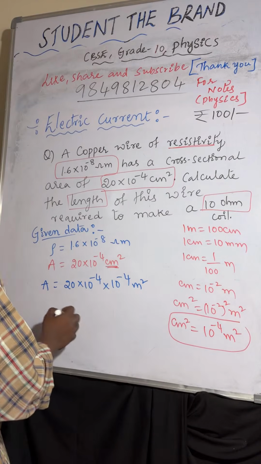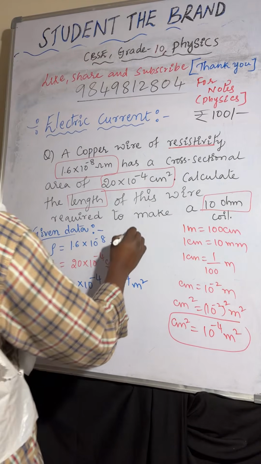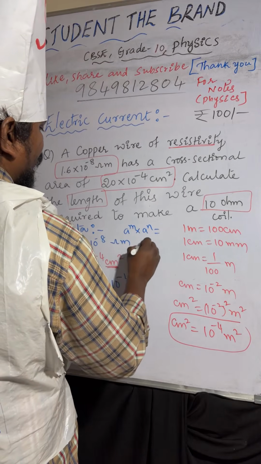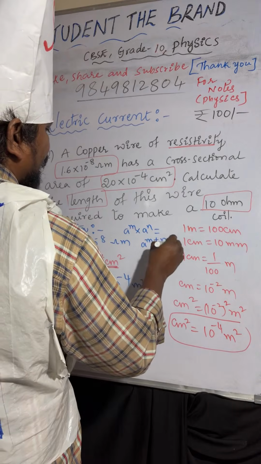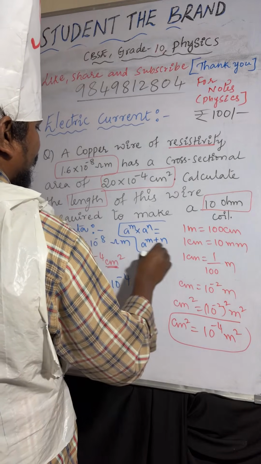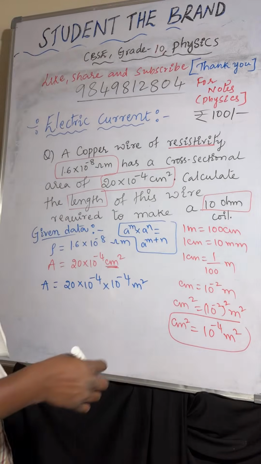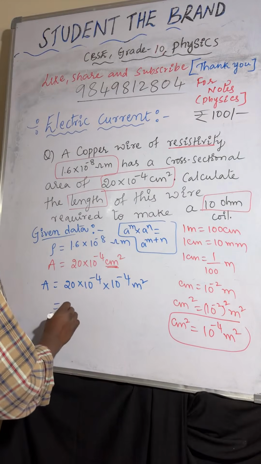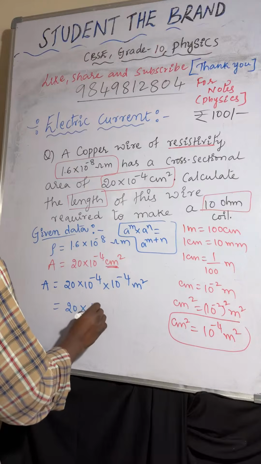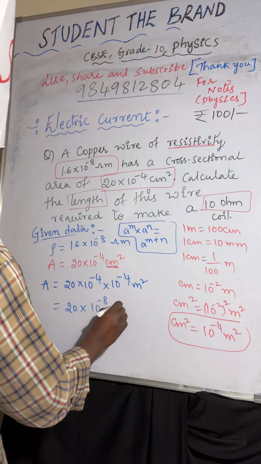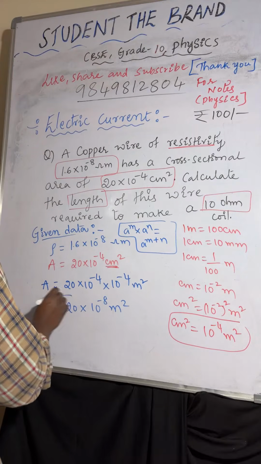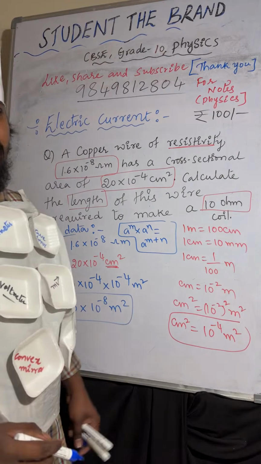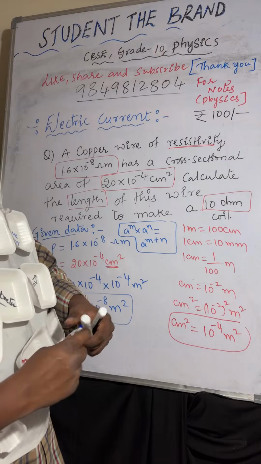If bases are same, you have to add the powers. So we are adding all those things. Now you can take 20 into 10 power minus 8 meter square, that is area of the cross section. I hope it is clear to you.